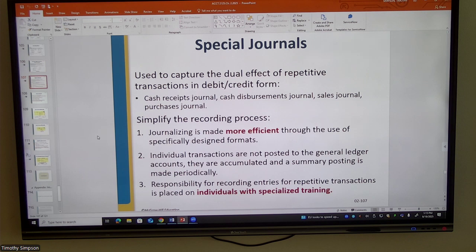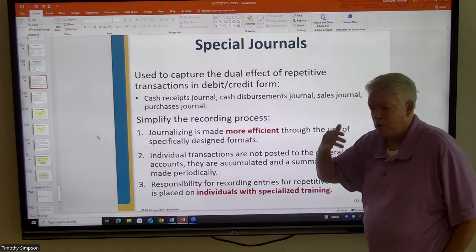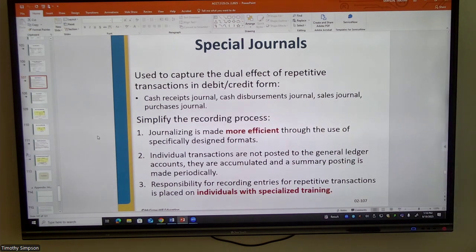And then we have special journals. And this is an interesting topic, because these are basically books of original entry that capture very specific things, like cash receipts, cash disbursements. Those are probably the most obvious, but also sales and purchases. I talked a bit about purchases earlier. The purchases account is simply using a periodic inventory system where we're booking every purchase into that journal.